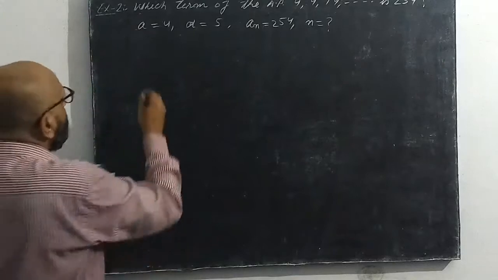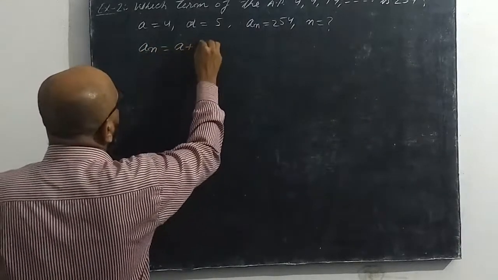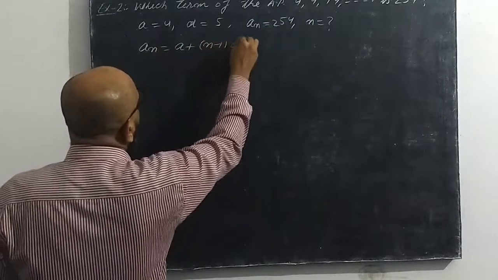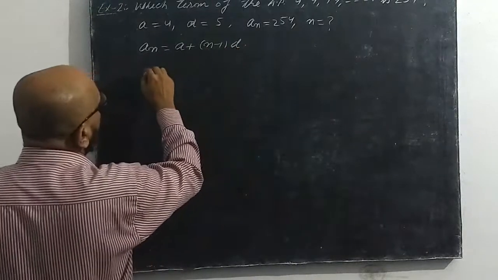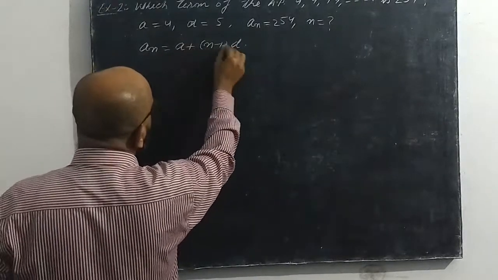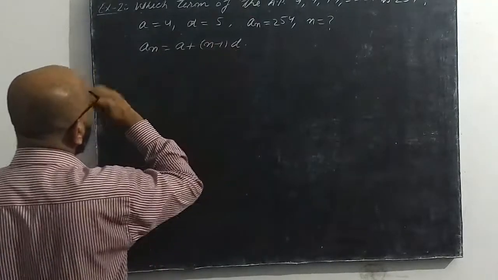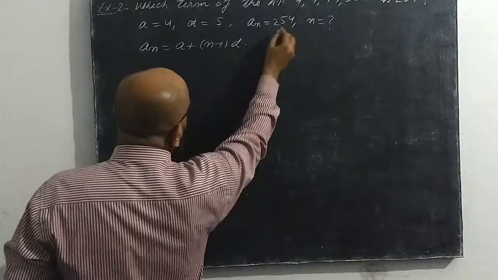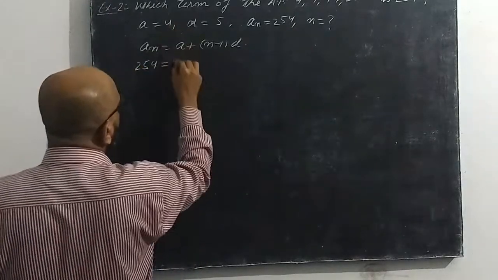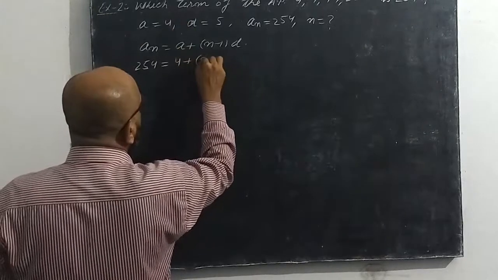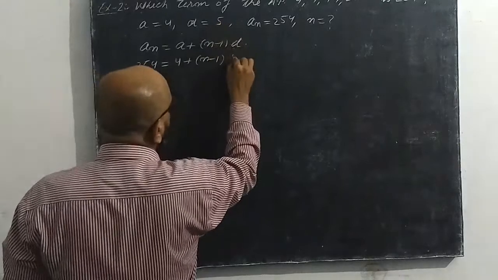So we know an is equal to a plus n minus 1 into d. Out of these 4 identities we have 3, that is a, d and an, and n is unknown, so we have to find out n. So substitute an as 254 is equal to a is 4 plus n minus 1 as it is, and d is equal to 5.